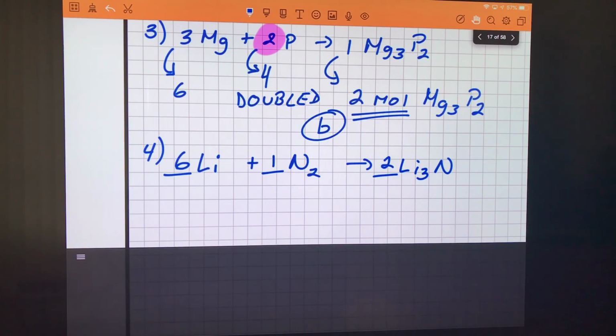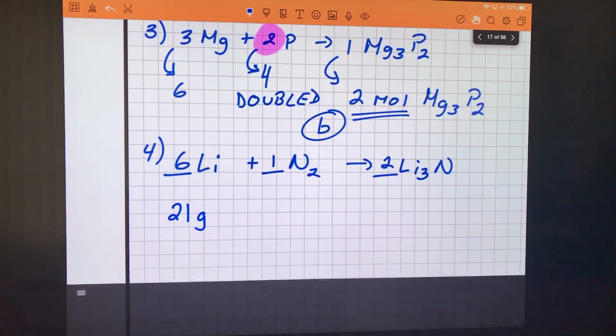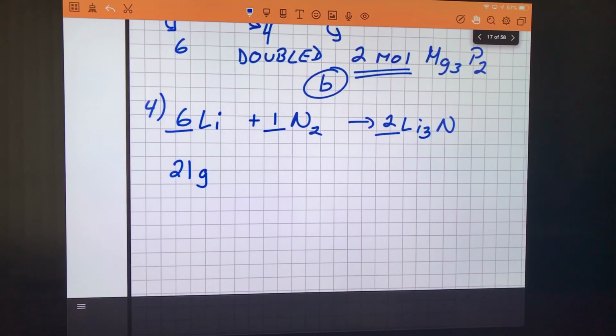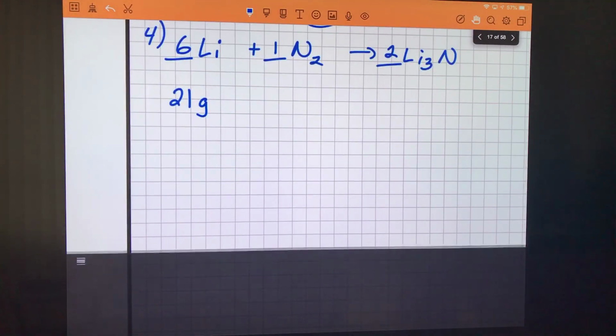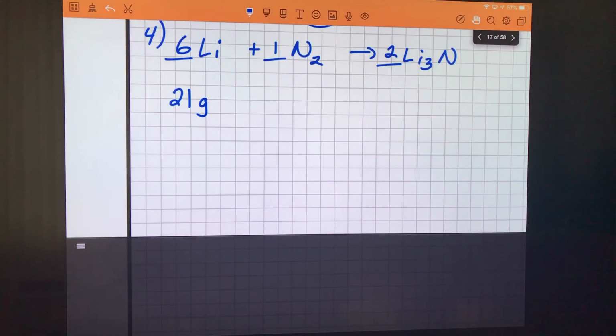But then what I asked is, in this reaction, how many grams of lithium nitride would we produce if I started with 21 grams of lithium? Well, I first got to ask a question. How many moles are there in 21 grams of lithium? Well, lithium, its molecular mass is 7 grams per mole.